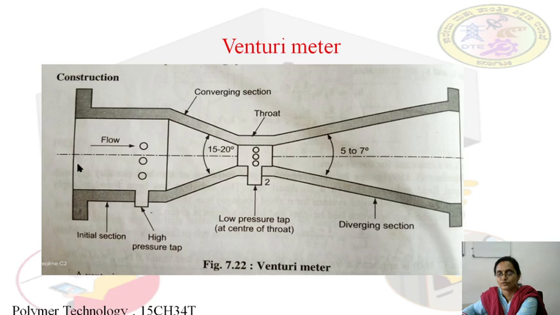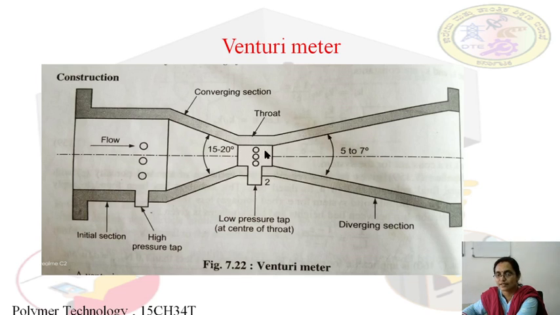So when fluid flows, it has high pressure over here. In the converging section, the fluid gets accelerated. Then at the throat, the fluid flows with the highest velocity. At this point, when the velocity is highest, the pressure will be lowest.